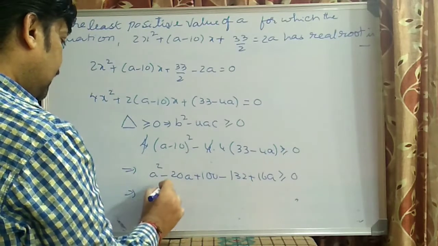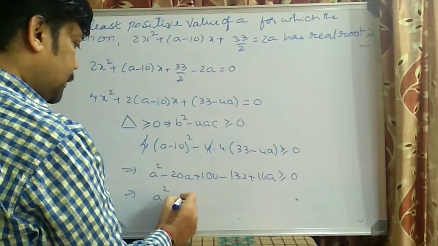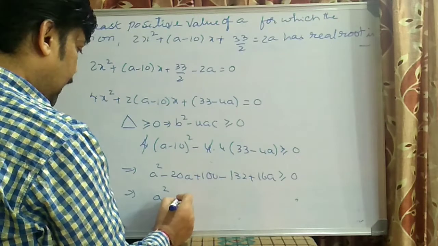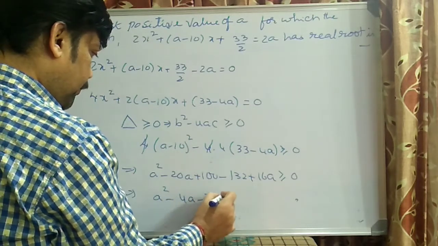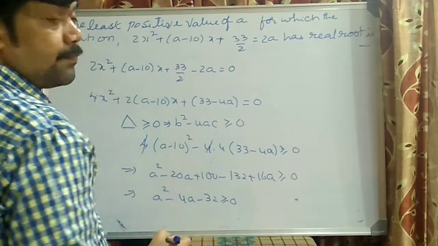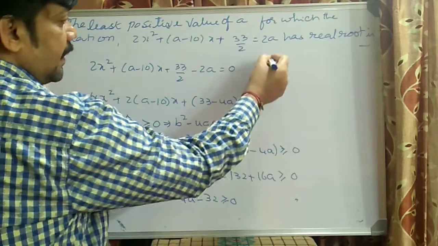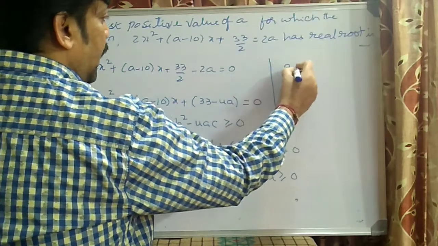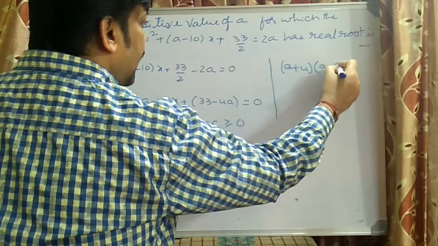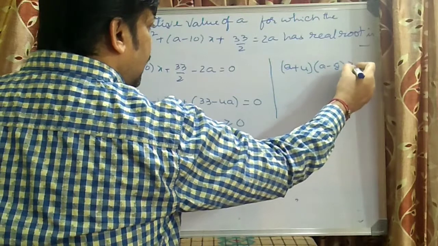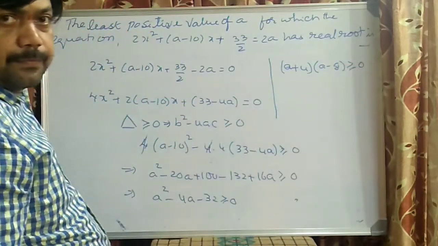That implies I have got the total quadratic expression as a square minus 4a minus 32 is greater than or equal to 0. Factorizing, I am getting a plus 4 into a minus 8 greater than or equal to 0.